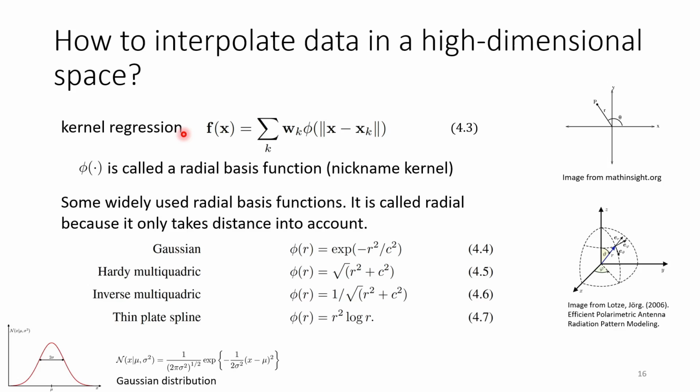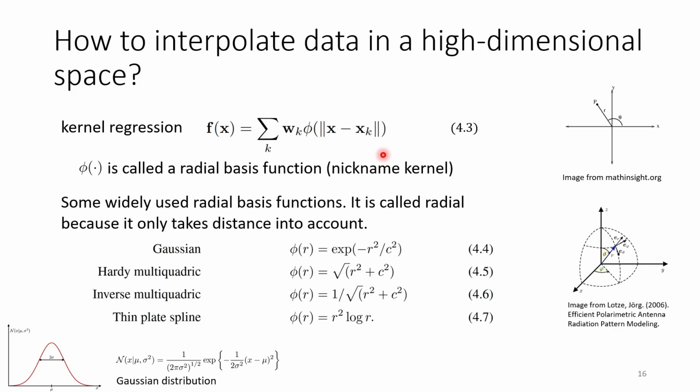And why is it called radial? Okay, radial because if you see this equation, you will see this is the absolute value of two points, x and xk. And what does it mean? It means this function only cares about the radius or the distance from one point to another point.